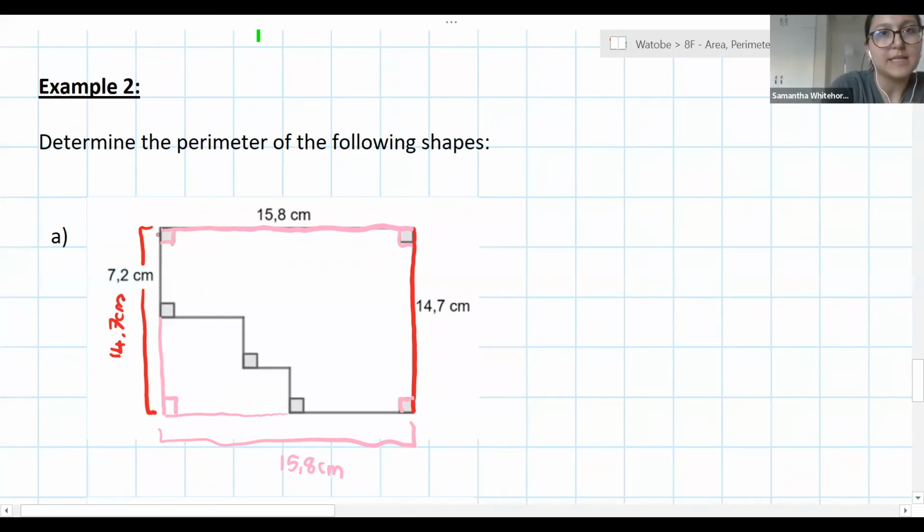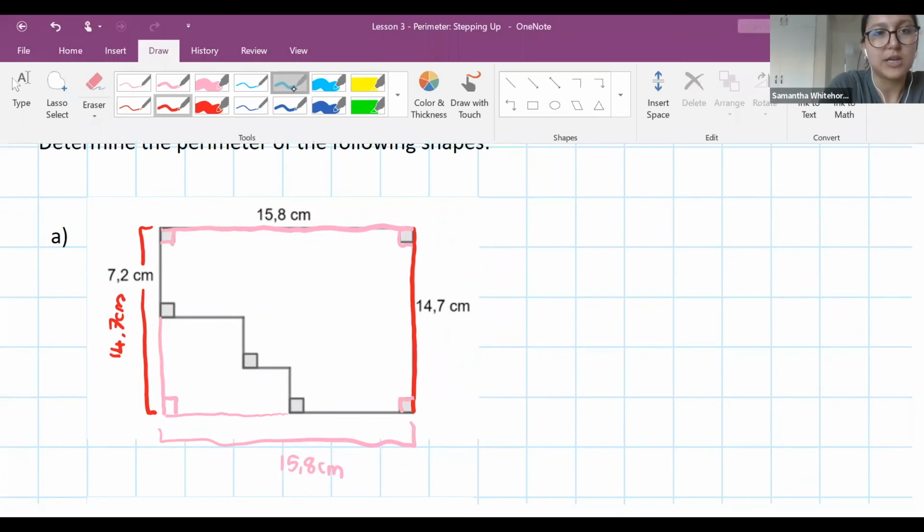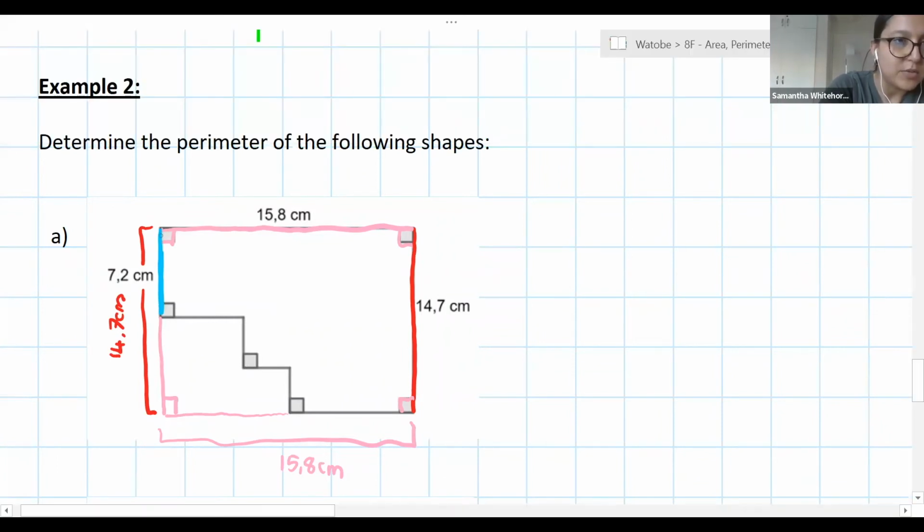And so what that means is that if this little section up here is 7,2 centimeters, whatever is left would be 14,7 minus 7,2 centimeters.